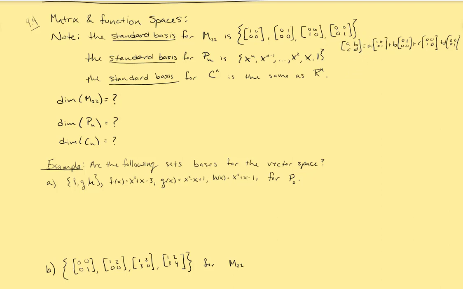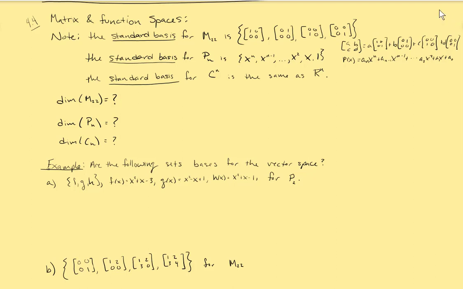You just write out what any nth degree polynomial would look like. Maybe we say it's a_n x to the n plus a_(n-1) x to the n minus 1, all the way down to a_2 x squared, a_1 x plus a_0.